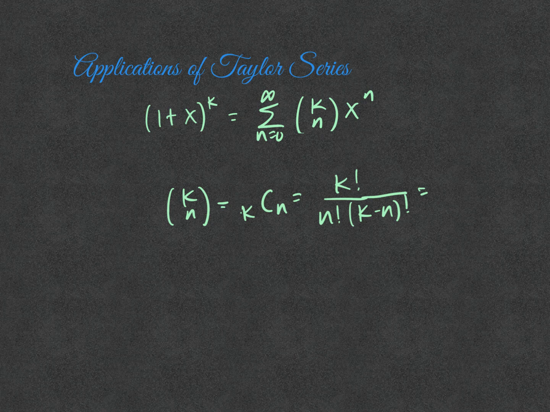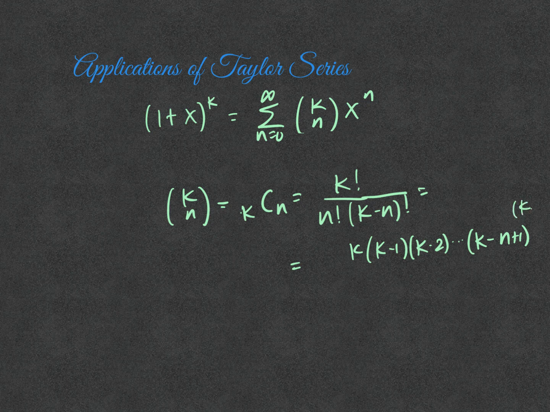But the Taylor series uses a different form of the definition. We know that the k factorial here and the (k minus n) factorial are going to cancel somewhat based on the definition of factorial. So let's look at the top. We have k times (k minus 1) times (k minus 2) times (k minus 3) times (k minus 4), all the way down to (k minus n plus 1).